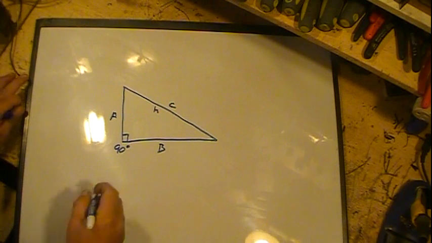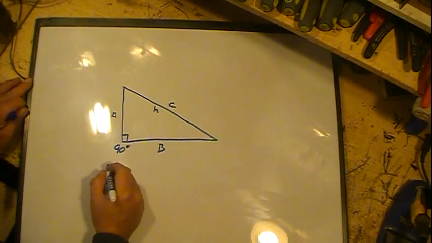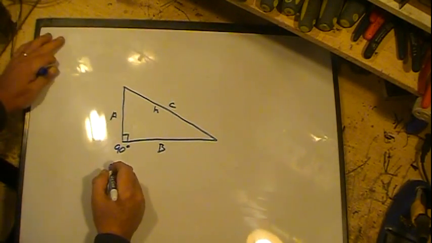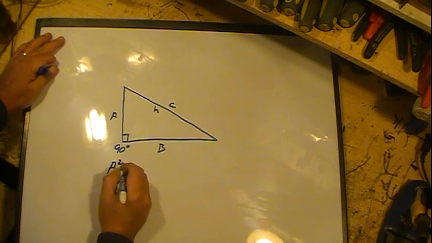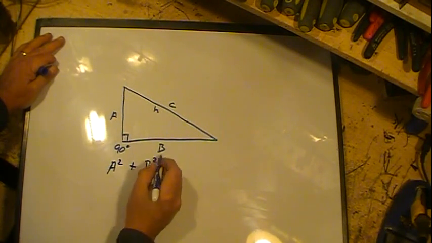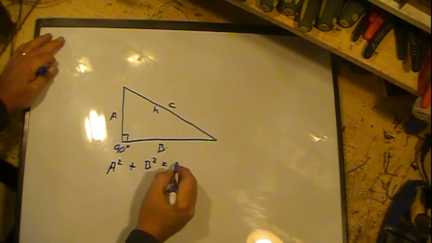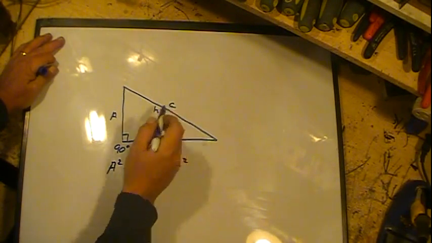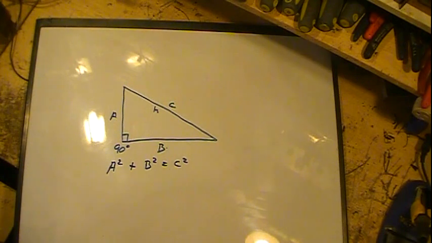Basically what it boils down to is a squared, this side, plus b squared, this side, equals c squared, which is the hypotenuse.